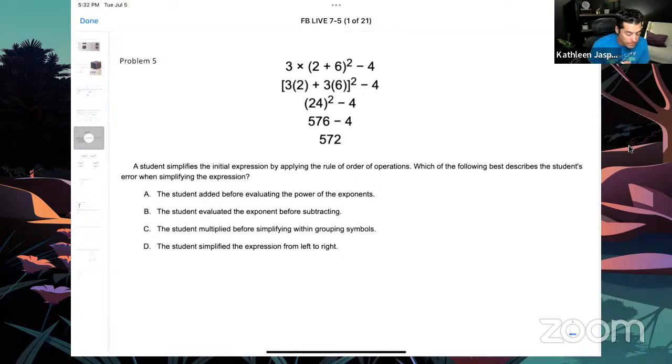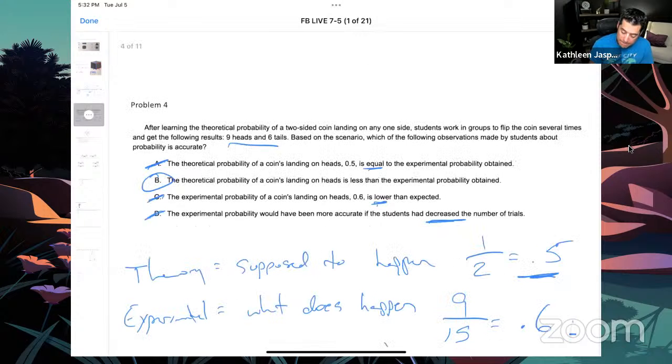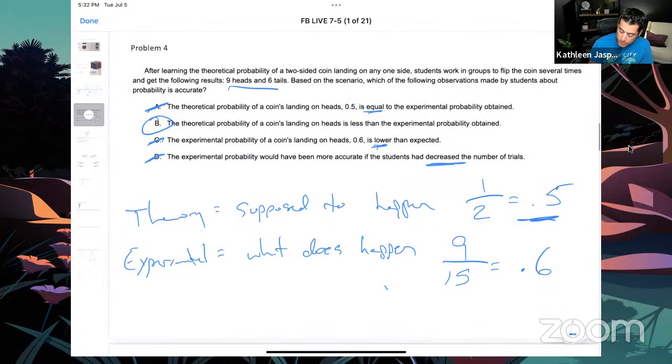Question is, could we set this problem up as a proportion? I mean, the only proportion you would do, no, I wouldn't, because you're not setting it equal to anything. You are only looking for the experimental probability versus the theoretical probability.